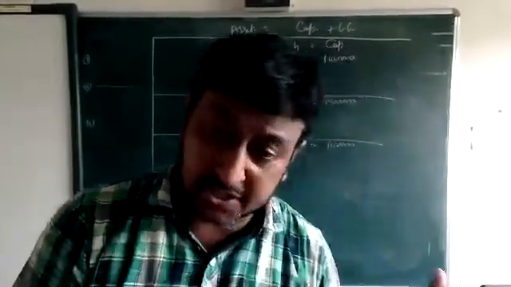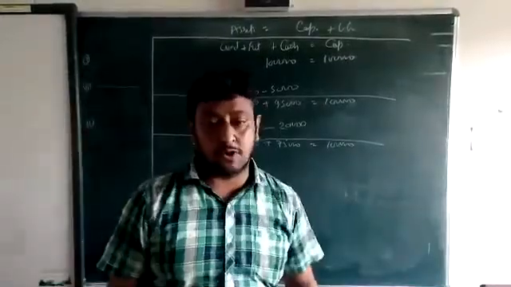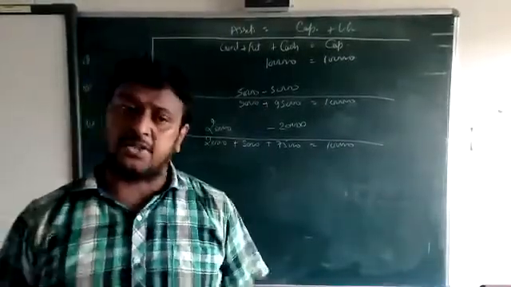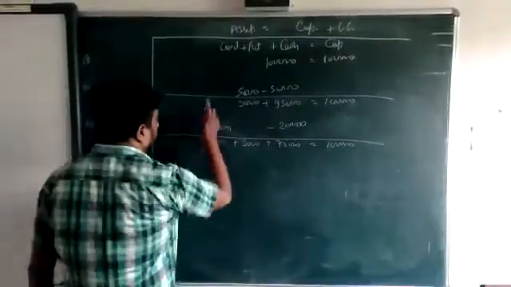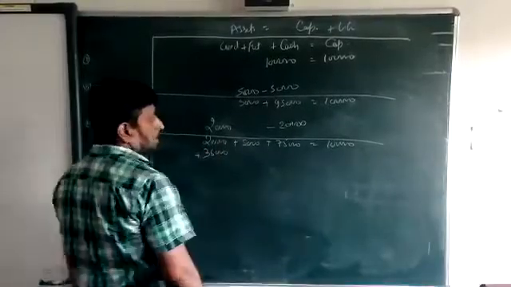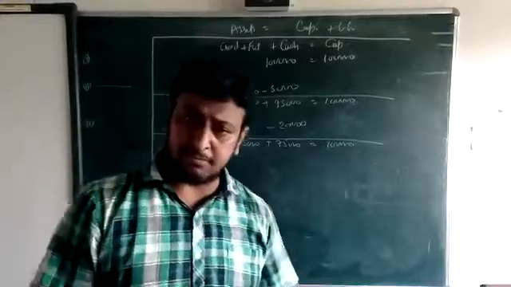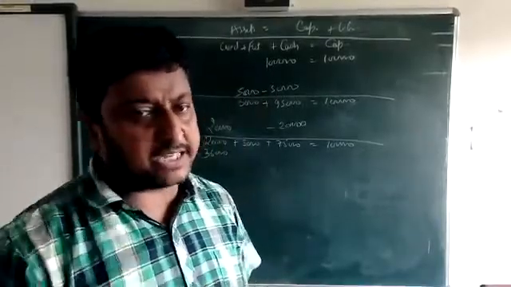Then again, purchase goods on credit. Now we are going to purchase the goods on credit. It means we are receiving the goods, but we are not paying the cash. So we are receiving the goods, so add to the goods, but we are not paying cash, so nothing is less from the cash. We are taking on credit, means creditor.